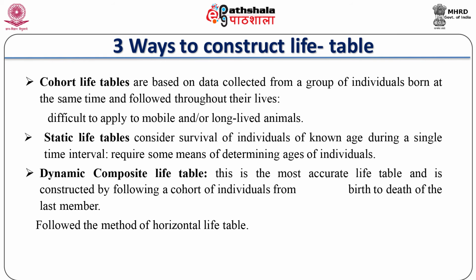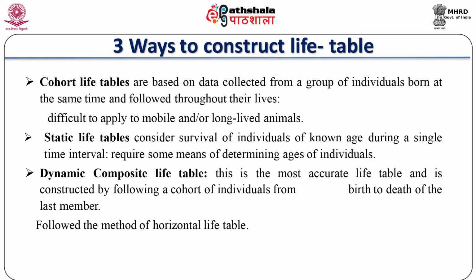Next is the vertical or time specific or static life tables. These are constructed by sampling the population and incorporating the data on individuals of all ages at a single point of time. This is not a very adaptable type because observations are short term observations.